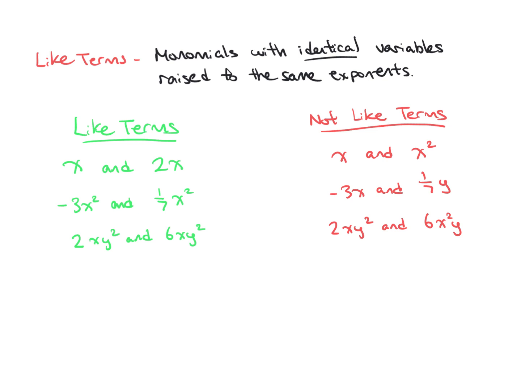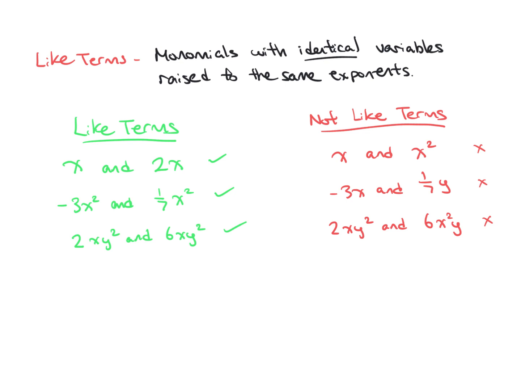So for the first one, x has an exponent of 1, but for the second one, x has an exponent of 2. They don't match, so they are not like terms. Okay, so we have 3 examples here of like terms and 3 examples here that are not like terms. Even though the last one's pretty close, it's not good enough. It has to be the exact same letters, the exact same variable.